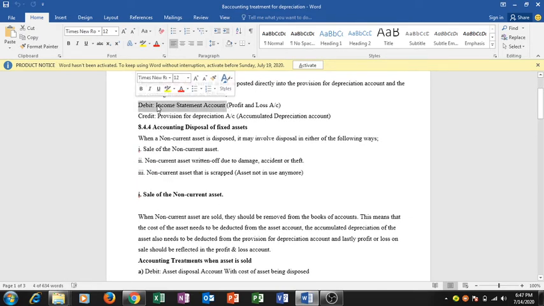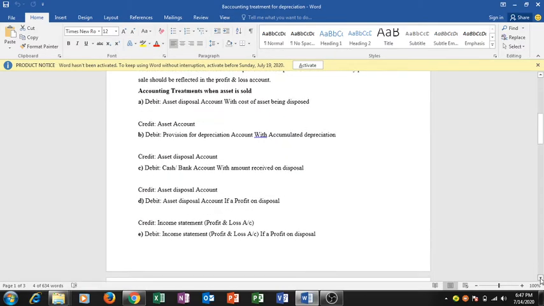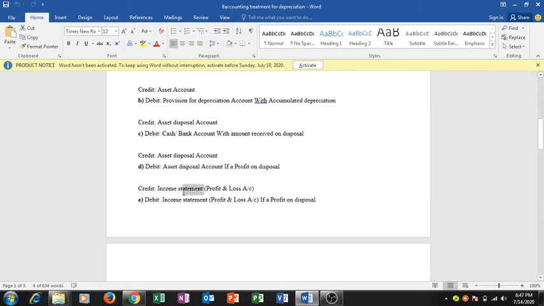When we debit, we say it's an expense. But when we come here and we credit the income statement, it is the other way around. If it is crediting the income, then it means that money is coming in, and that is an income to the business. So because it is a profit on disposal, we normally credit here on the income statement.